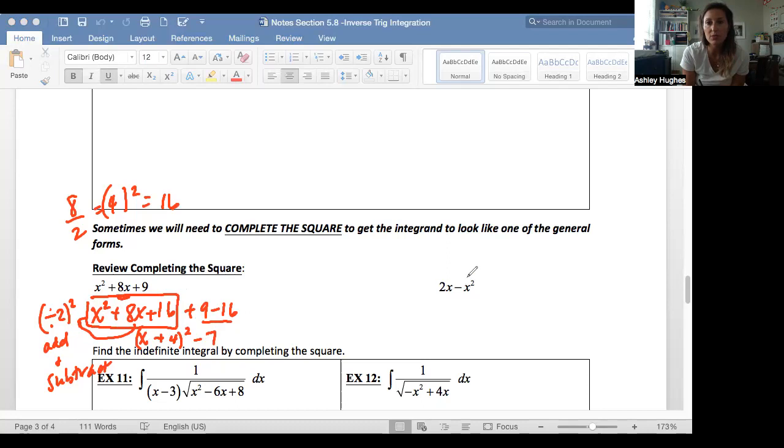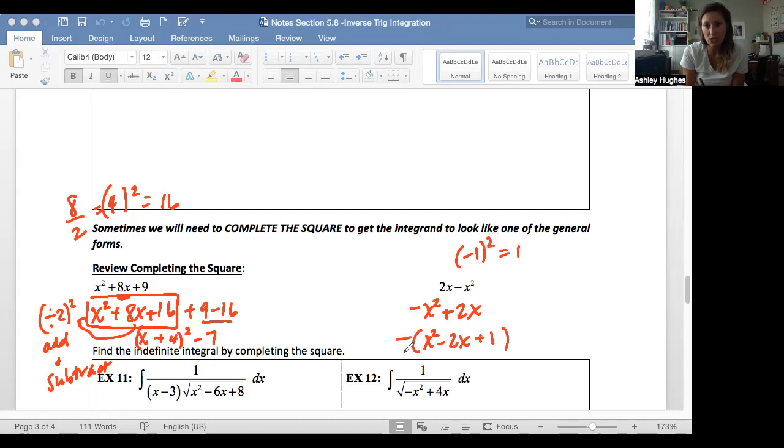If I wanted to do this one, you need to be really careful with the negatives. Okay, so I would just factor out a negative from both of these things. So that'd be minus 2x. So what you're going to do, divide that by 2. So that'd be negative 1. And you're going to square that. So it'd be 1. So you're adding 1.